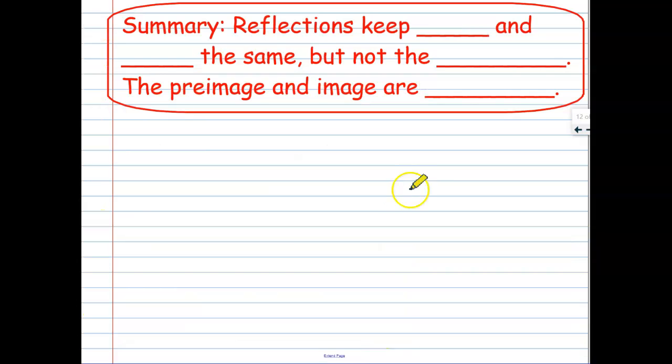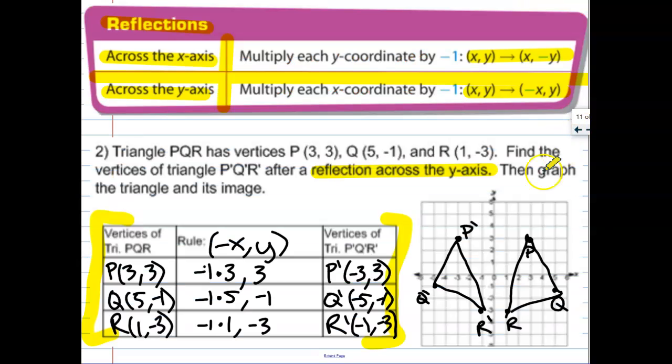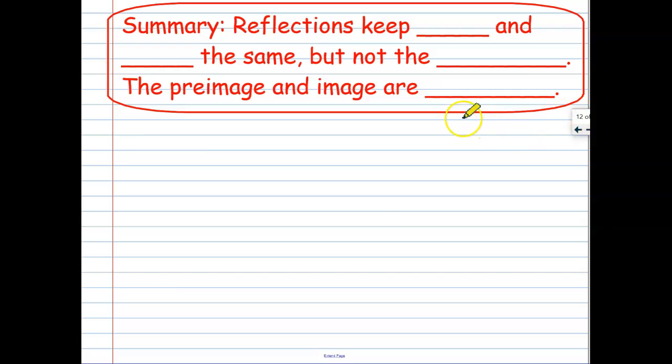Okay, let's do a summary together, and then I'll have an optional video at the end, and that's it. Like I said, I'm trying to keep these kind of shorter. So reflections keep blank and blank the same, but not the blank. So what stayed the same with our reflections here? Okay, the size and shape stayed the same, but the way they're facing changed, and the way they're facing is called the orientation.